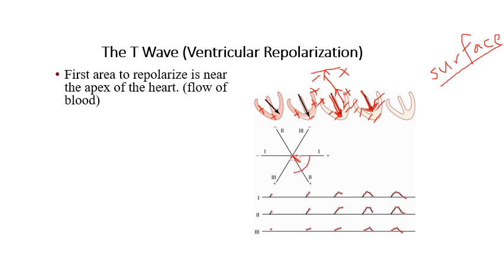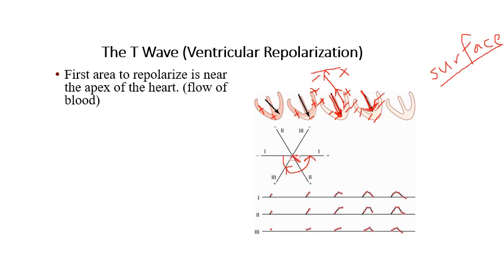Because the projected vectors are all on the positive sides of the axis, of the first lead, second lead, and third lead. So we will start having a positive deflection all through the steps of the repolarization phase.